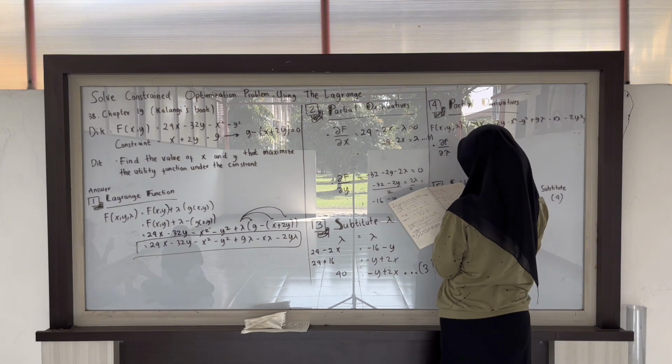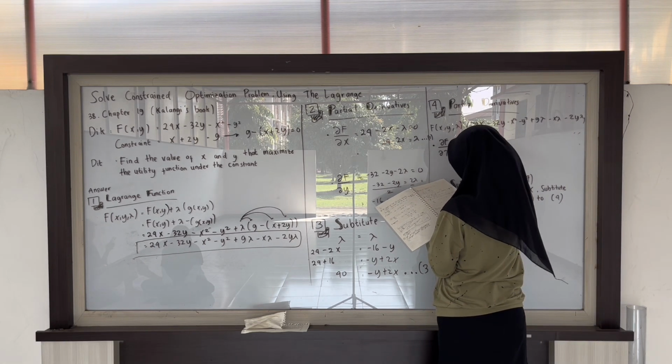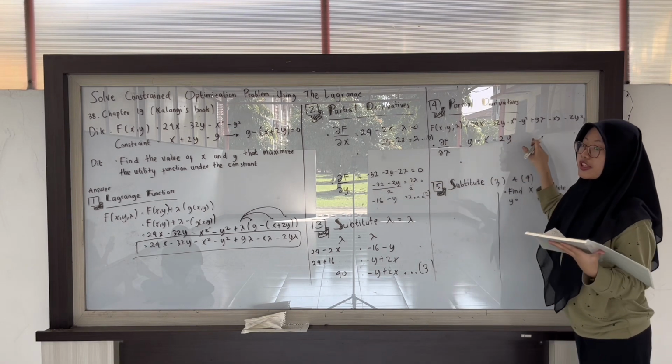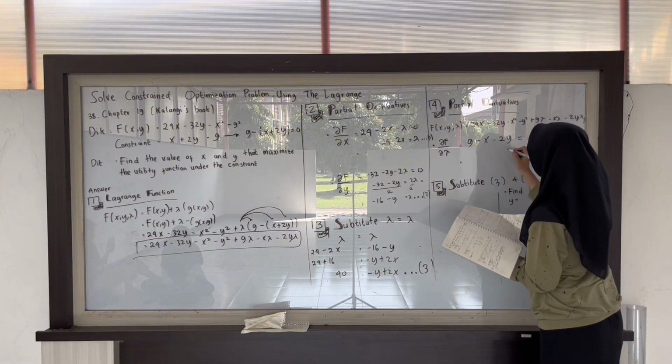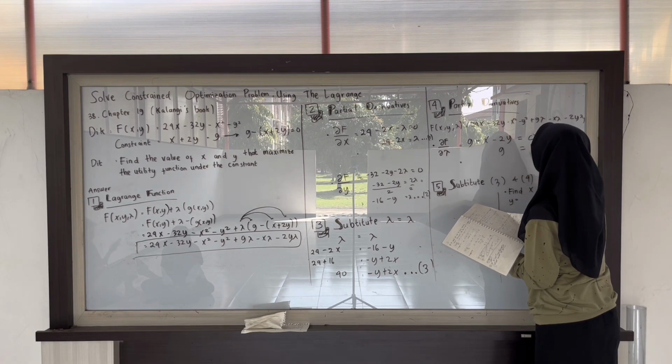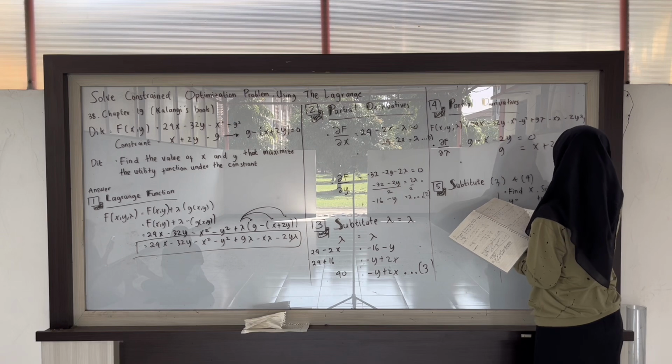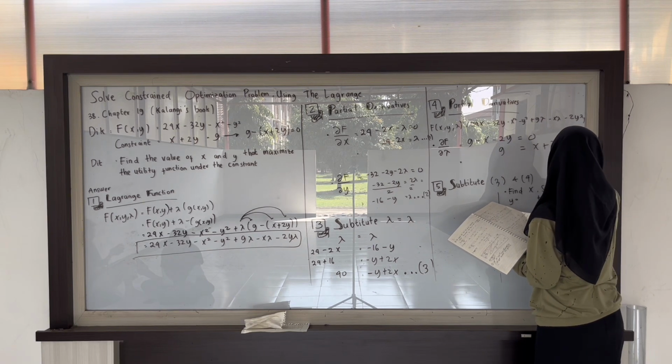So we get 9 minus x minus 2y, and don't forget to set it to 0. So 9 equals x plus 2y, and this is equation 4.